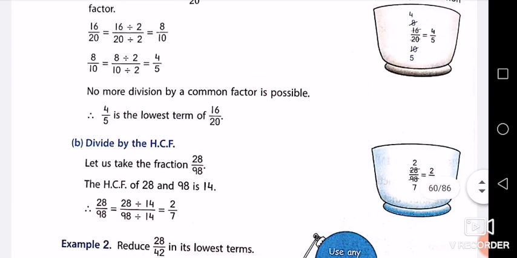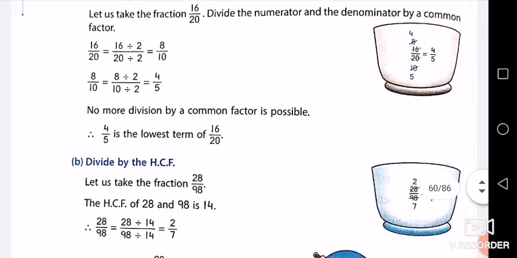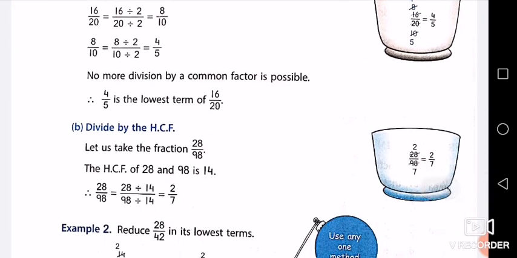Here divide by the HCF or divide by a common factor. Whichever method, you can do it with a common factor, like first division by 2 and then with 3, then 2, then 2, like this, or you can divide straight away by 14 or 4.